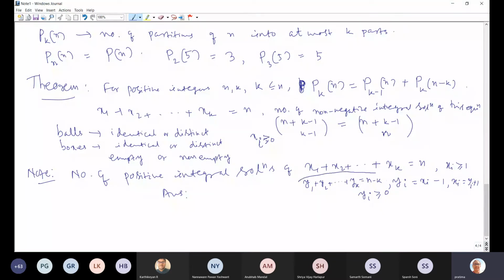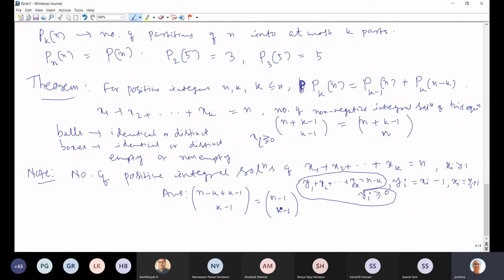So the answer is n minus k plus k minus 1 choose k minus 1. The k minus k plus k cancels, and you are left with n minus 1 choose k minus 1. This is your answer.